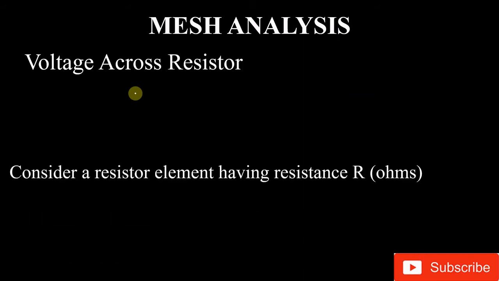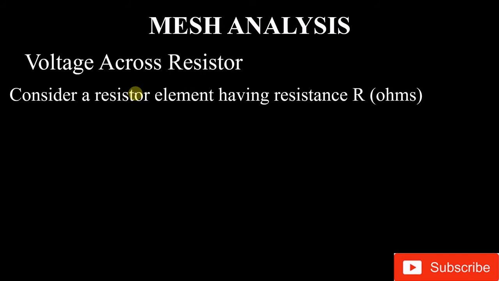For that I am considering a resistor element having resistance R, measured in ohms. I will draw one resistor here, whose value is R. I assume that the current through it is IR, and the voltage across it is VR.